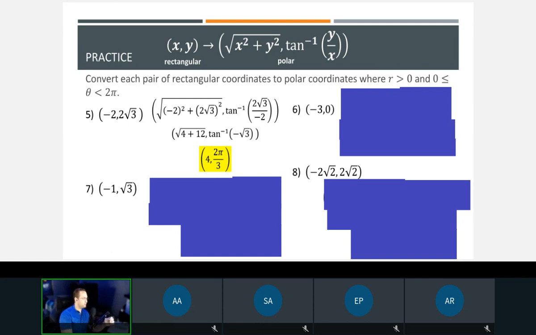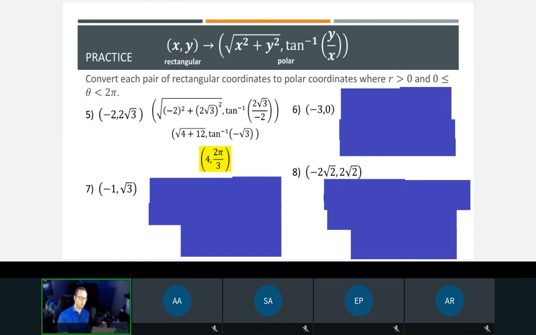Now, one thing you could do is, Emily, what was the value it gave you in your calculator? Negative pi over 3. So negative pi over 3, where are my reading glasses? Negative pi over 3 puts us at 5 pi over 3. So if you use your unit circle, you can see that because you're rotating clockwise pi over 3, it puts us at the 5 pi over 3 mark.